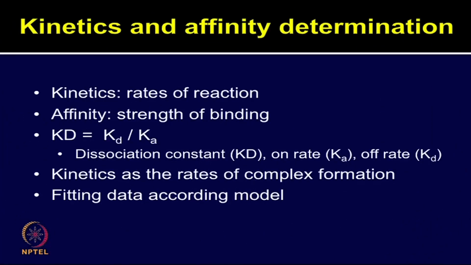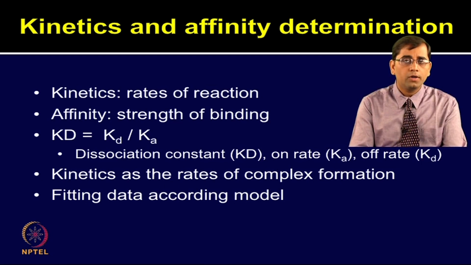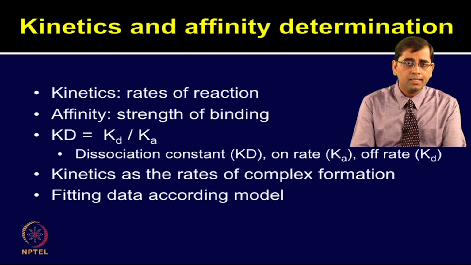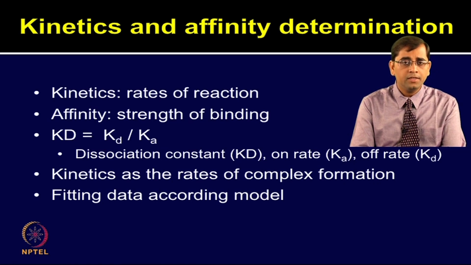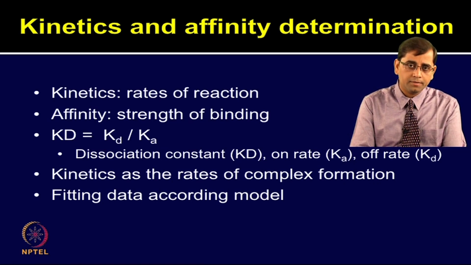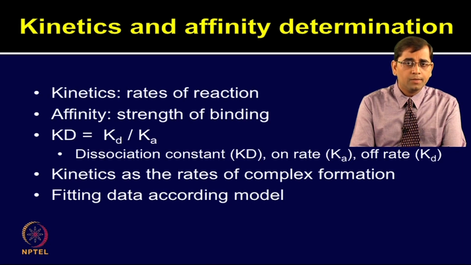By using SPR imaging, the kinetics and affinity can be determined. Kinetics represents the rate of reaction, whereas affinity shows the strength of binding. Kd or dissociation constant is represented by Kd divided by Ka, where Kd is the off rate and Ka is the on rate.